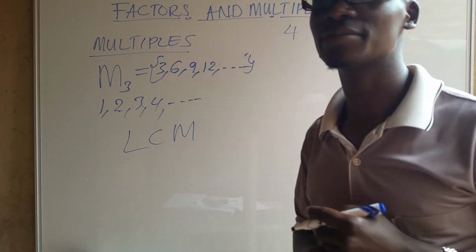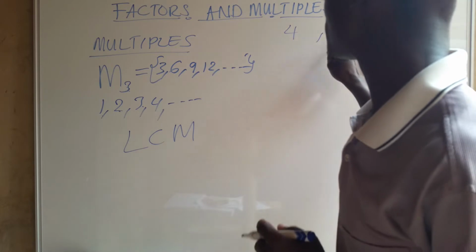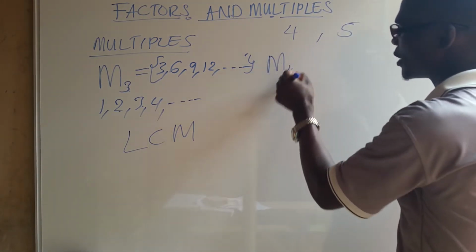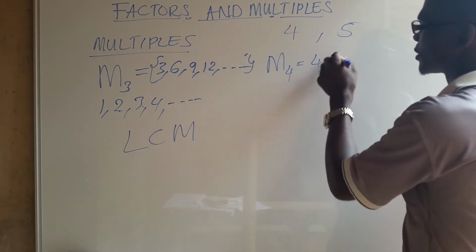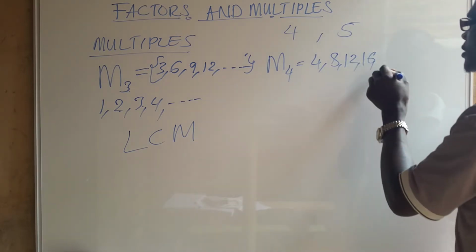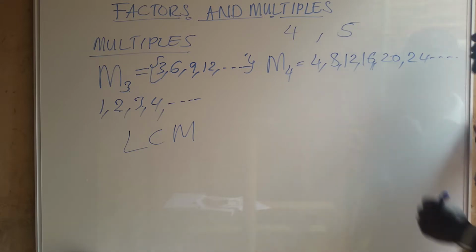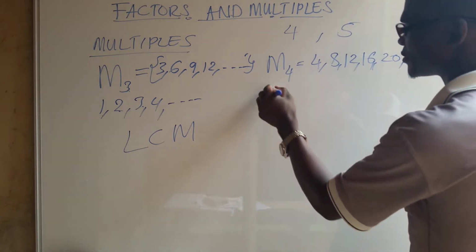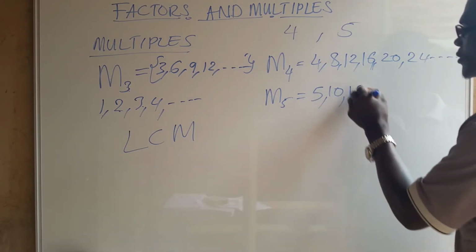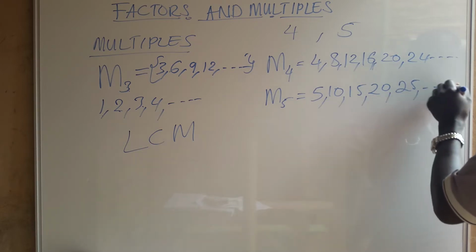We have two methods. We can list the multiples of 4 and the multiples of 5. That is to say, the multiples of 4 are 4, 8, 12, 16, 20, 24, and so on. Then multiples of 5, we have 5, 10, 15, 20, 25, and so on.